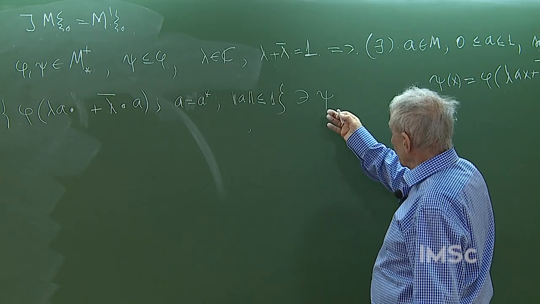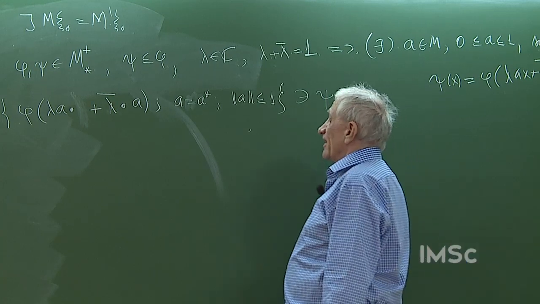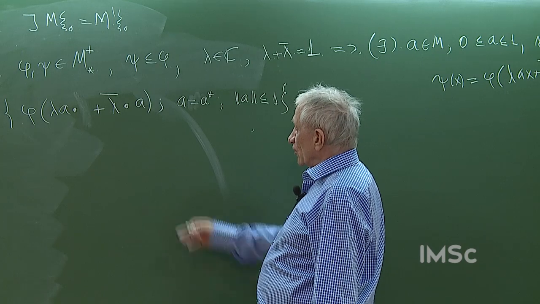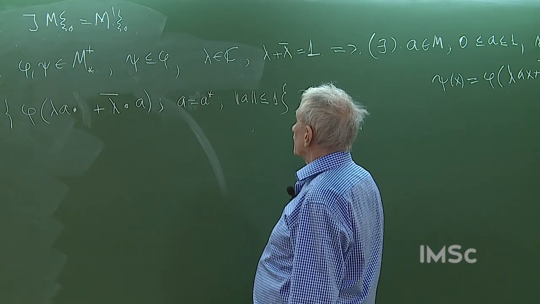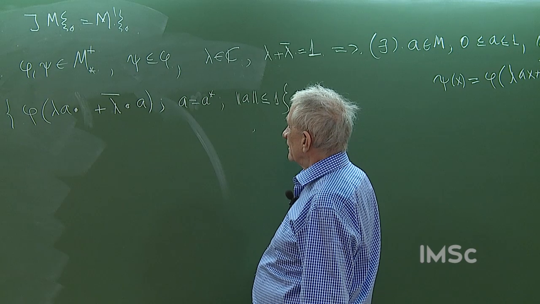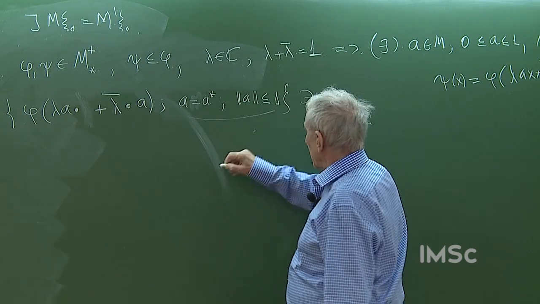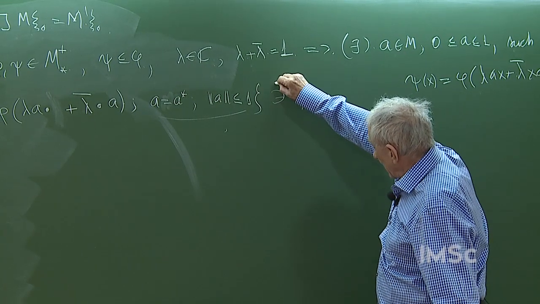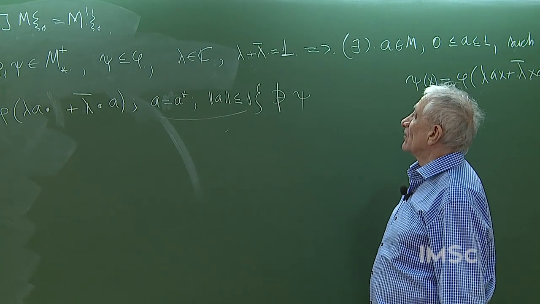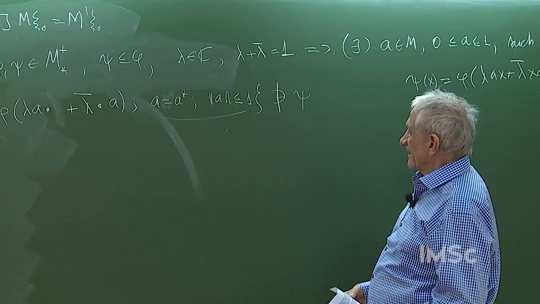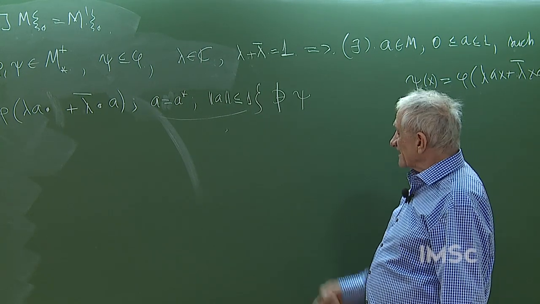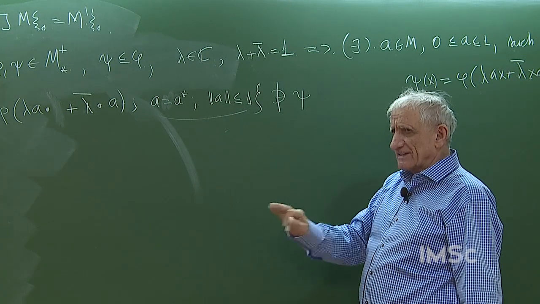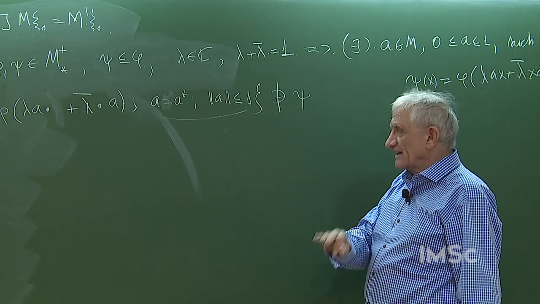Now, in order to show such a thing, we notice that this set is a closed convex set, and if psi does not belong to this one, I will get a functional separating this. I will explain immediately.